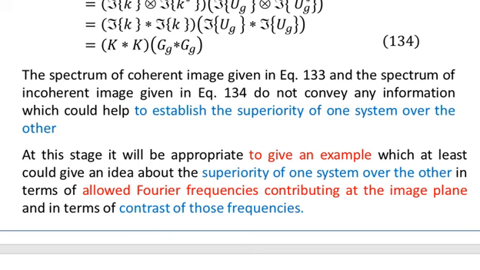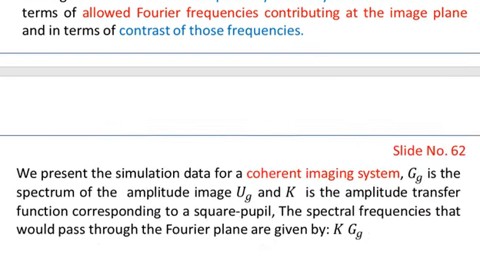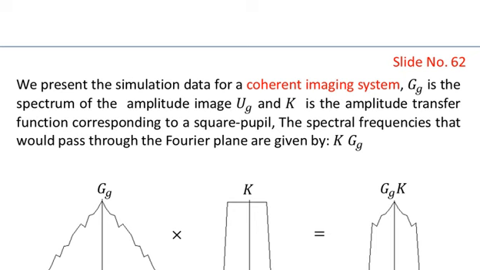At this stage, it will be appropriate to give an example which at least could give you an idea about the superiority of one system over the other in terms of allowed Fourier frequencies contributing at the image plane and in terms of the contrast of those frequencies. So let's consider the example.